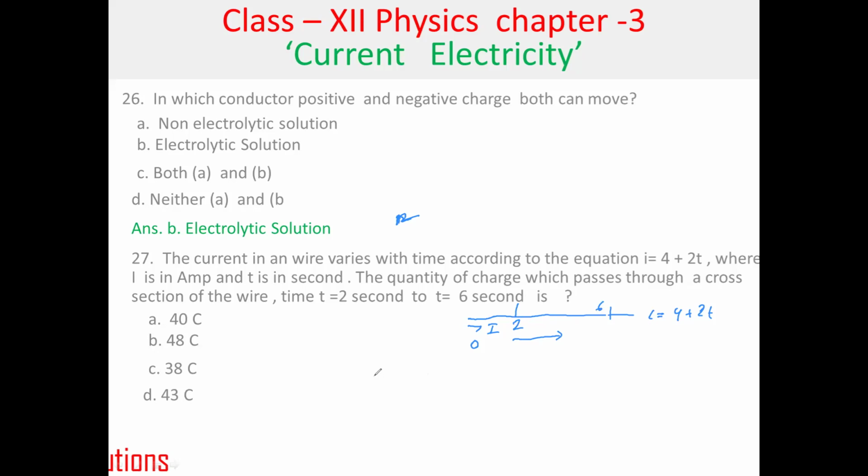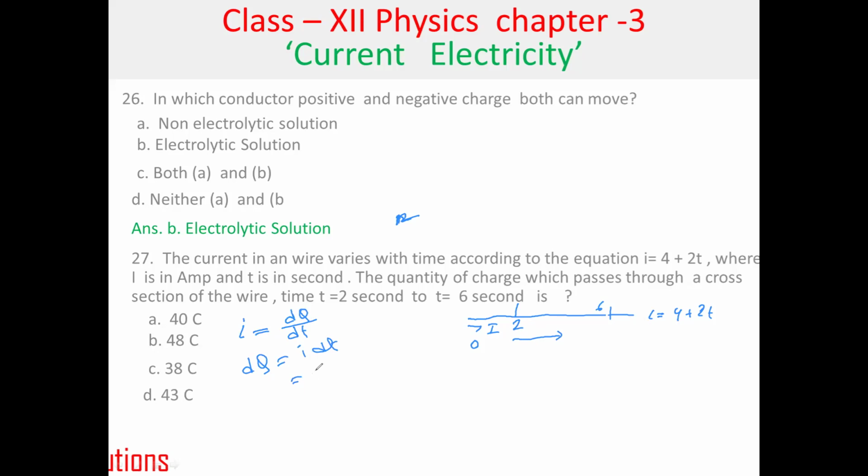Okay, now to find it out, we know that current I equal to dq by dt. That means charge by time is the current. So from I we find the charge: dq equal to I dt.